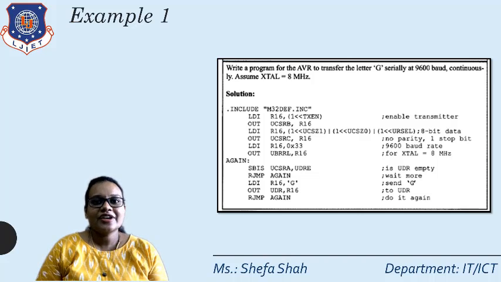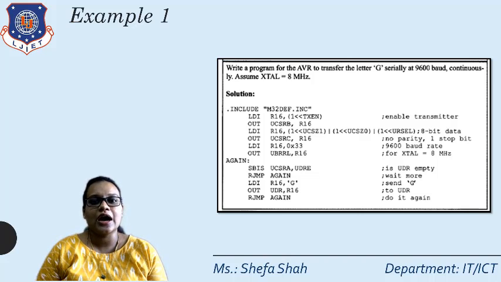Whenever it is set, that means the UDR register is now empty and it can take a new character. So it will skip this RJMP instruction, and we need to send the character G. We will load the character G in ASCII format into any register using the LDI instruction, and that data will be stored in UDR using the OUT instruction.